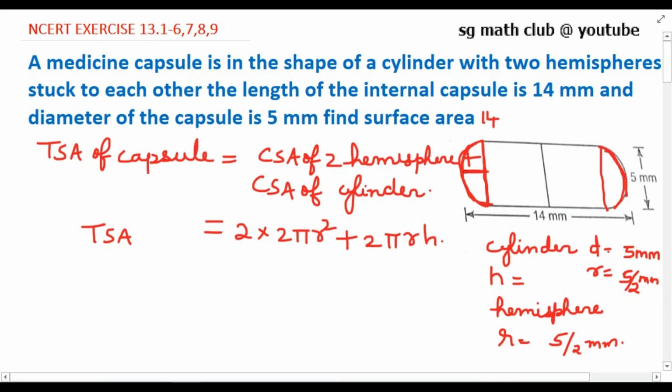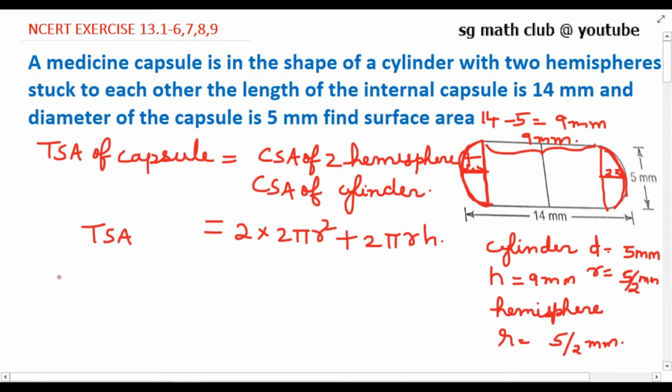So this length will be also 5 by 2, that is 2.5. From here also you have to subtract 2.5. So 14 minus 2.5 plus 2.5 is 5. 14 minus 5 is 9 millimeter will be the height of the cylinder. That means from here to here is 9 millimeter.